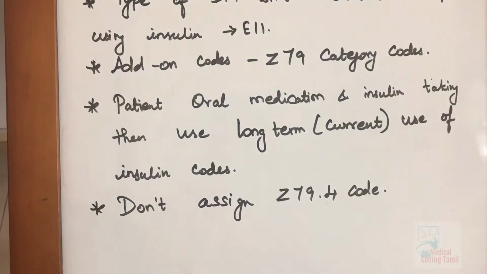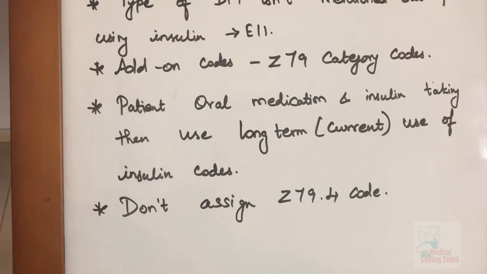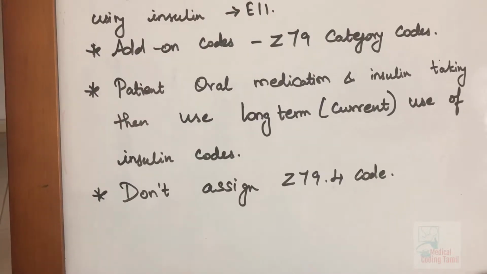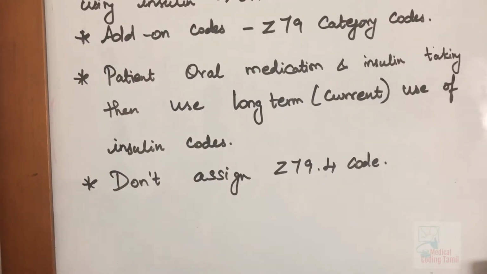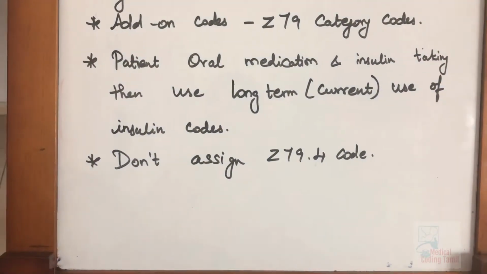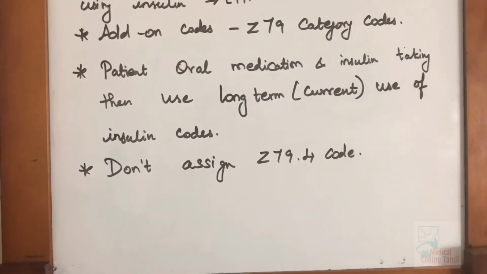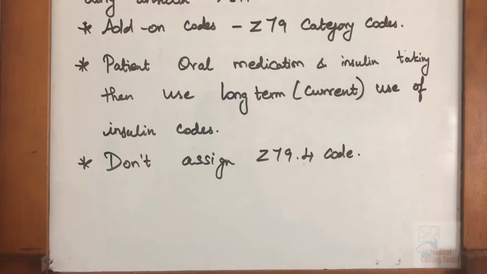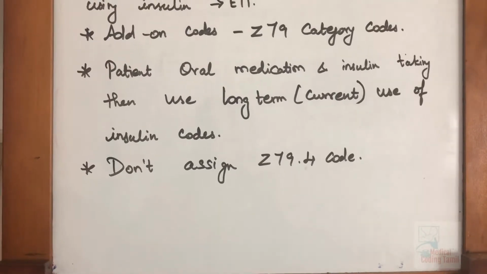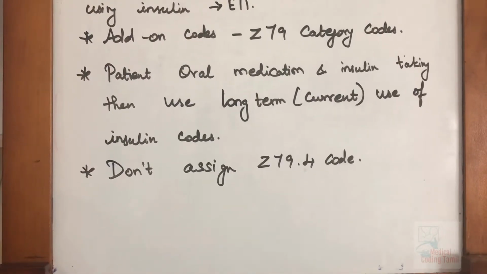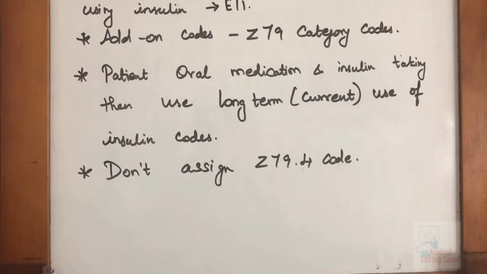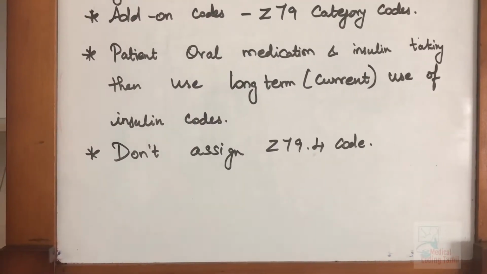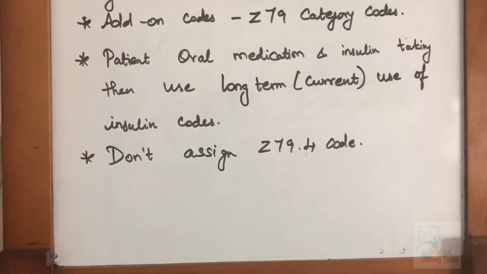So that code we should not use. The patient is using the oral medication and the insulin for the long term, so we have to give the long term current use codes. At present also the patient is using the medicines, okay. This is one of the questions I got in my exam, so be clear of it. If the patient is using it for the long term, then we have to give the long term codes only. We should not give the temporary codes.